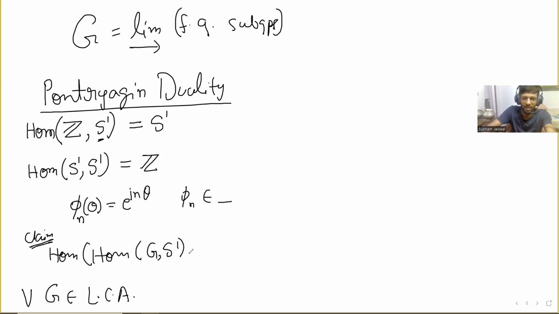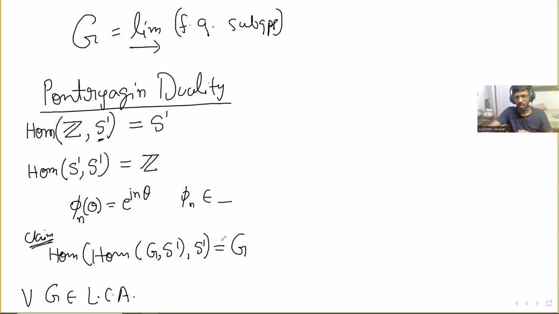I have to take the Hom again, right? So this is the claim. Of course, to make sense of this, you have to think about what should be the topology on this. Then only can you think of it as a topological group and then take the dual. But all those are technical stuff, and it requires some other work.